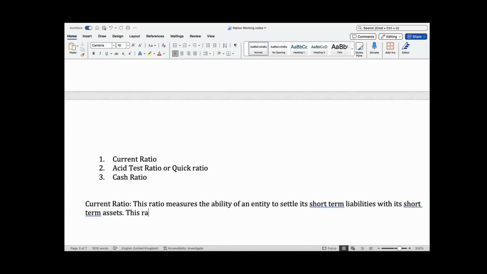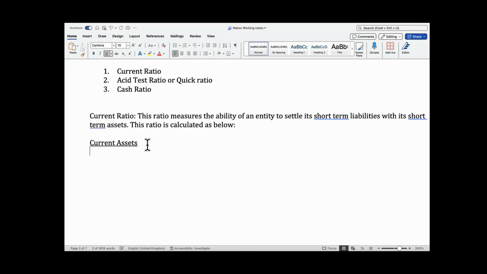And this ratio is calculated as below. It is current assets over what? Current liabilities.